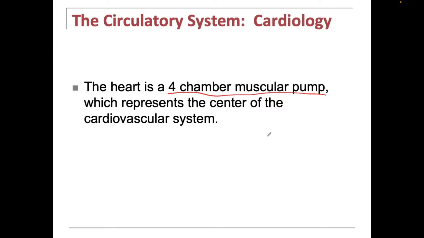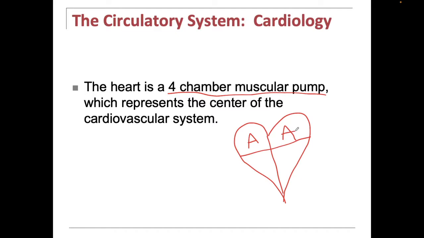And simply put, if I were to draw something like this, and of course the heart does not look anything like this, but we can all remember this nice and easy. Top chambers are going to be atrium, and bottom chambers are going to be ventricles.